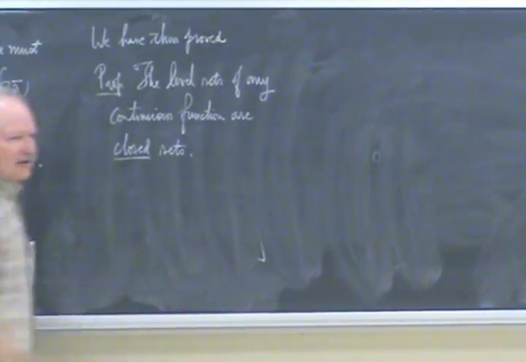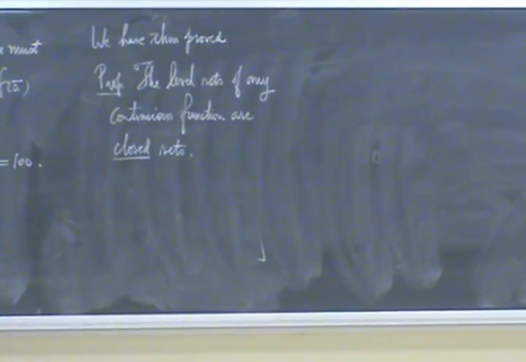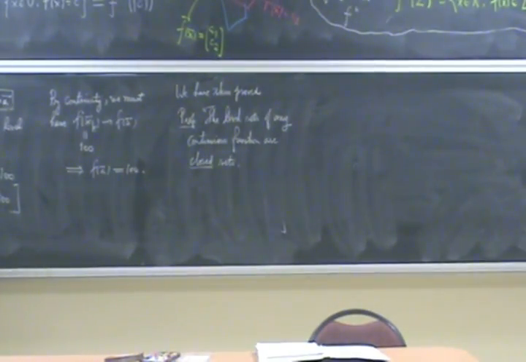Any sequence of points you take in the level set that converges to a point, that point likewise has to be in the level set, because the limit of a constant value is that same constant. A sequence of hundreds can converge only to the point 100. Do you get it?